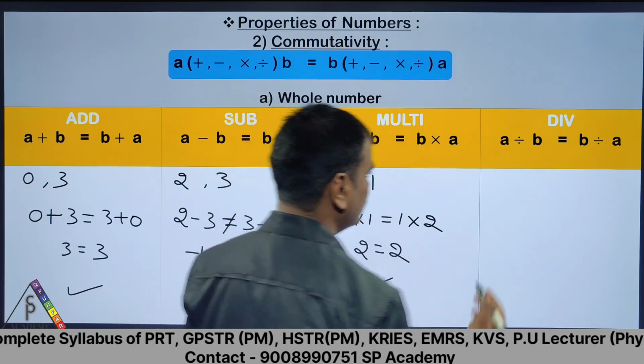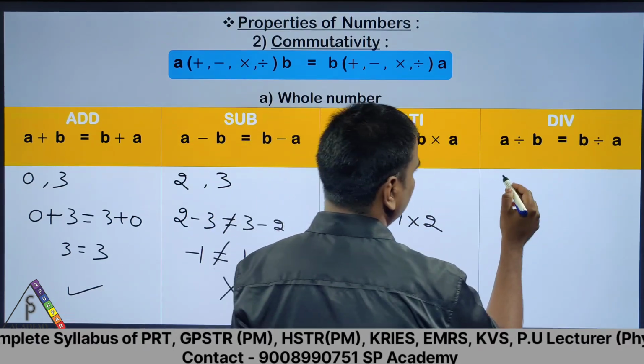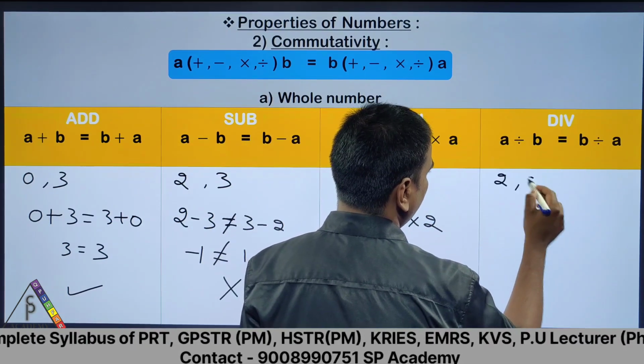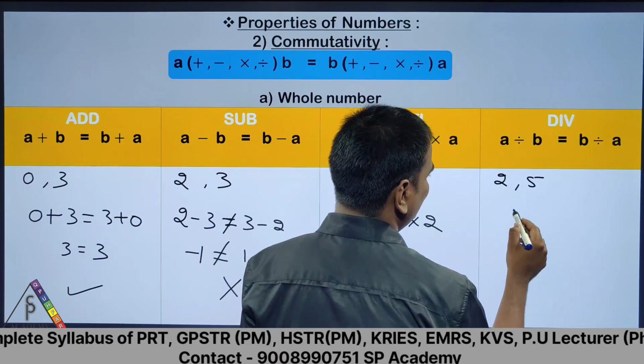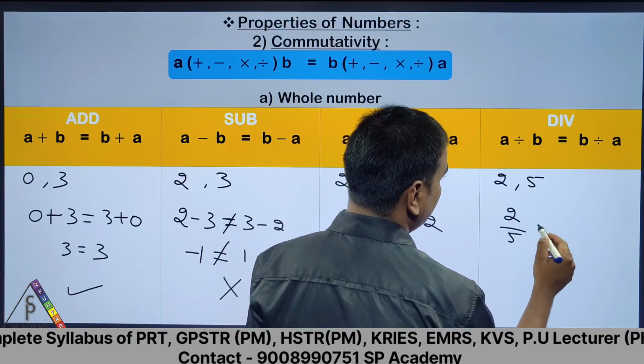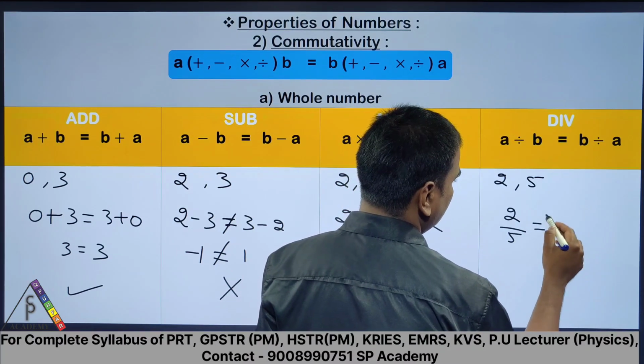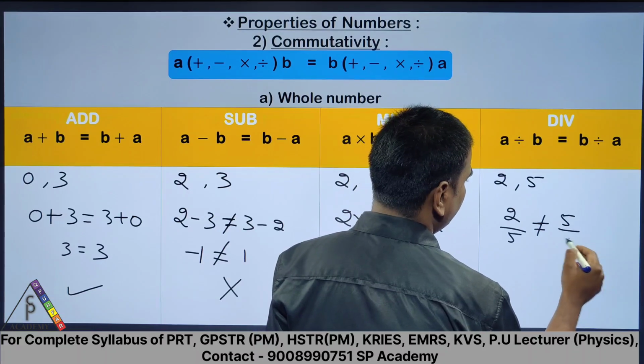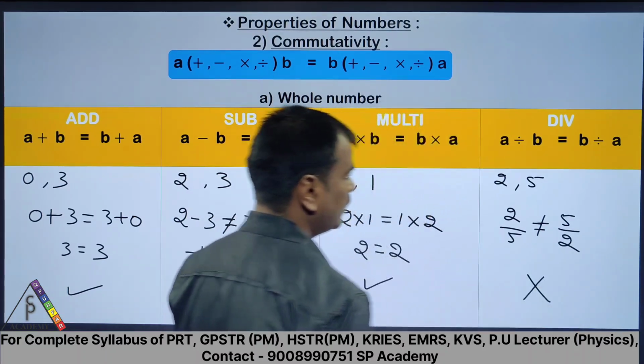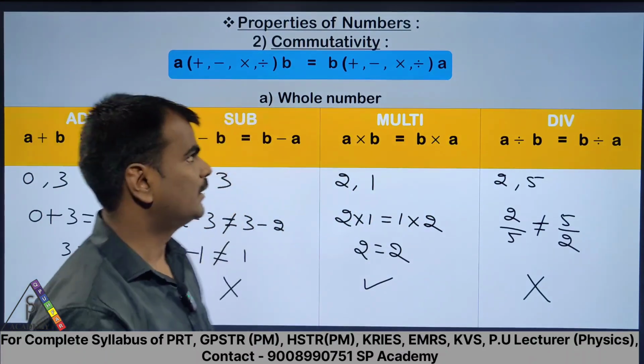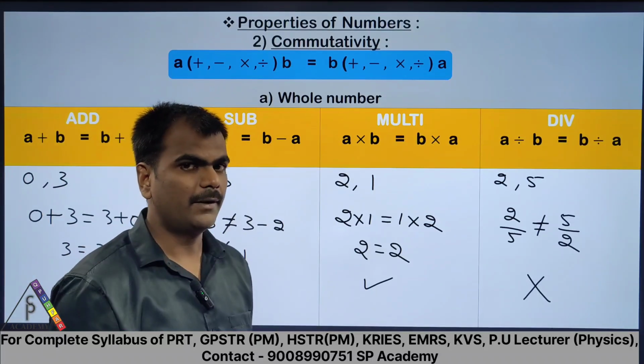Now for division, I will take whole numbers 2 as A and 5 as B. 2 divided by 5 is not equal to 5 divided by 2. Therefore, under division, the commutative property is not valid for whole numbers.